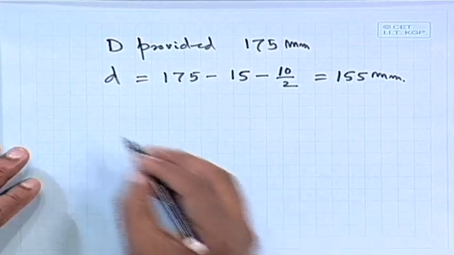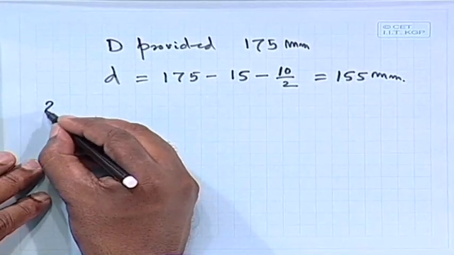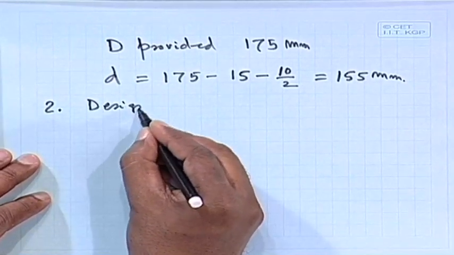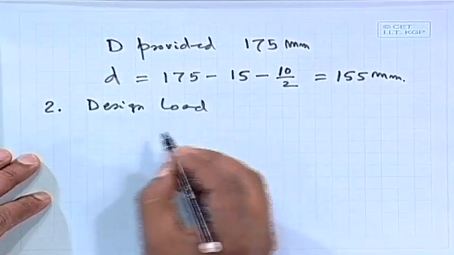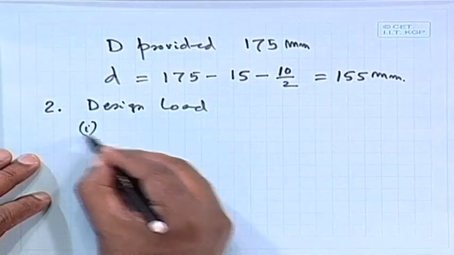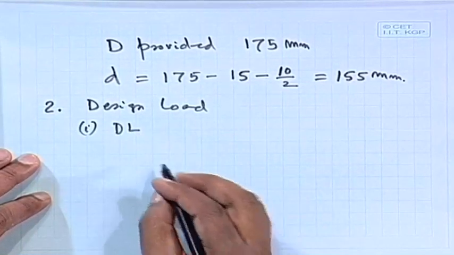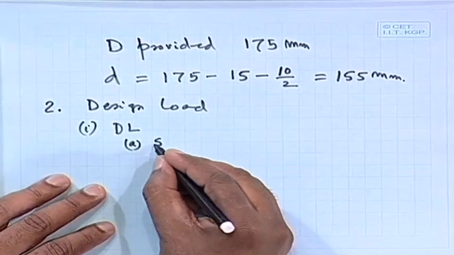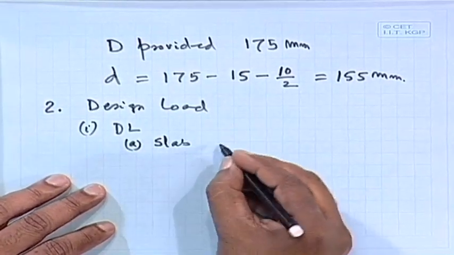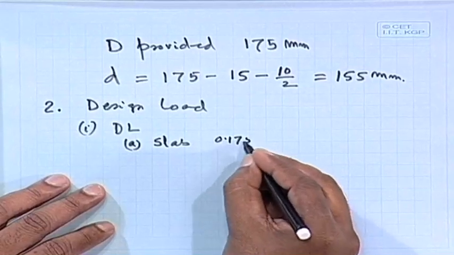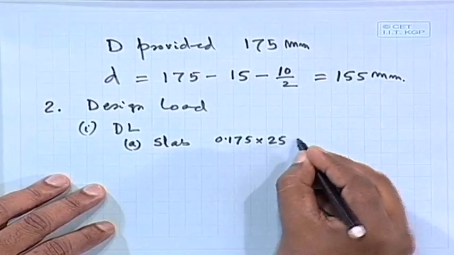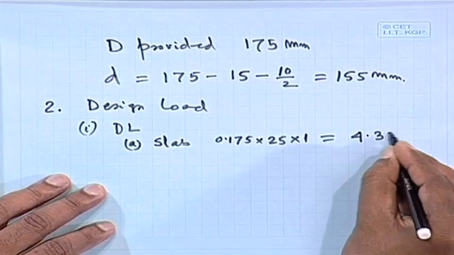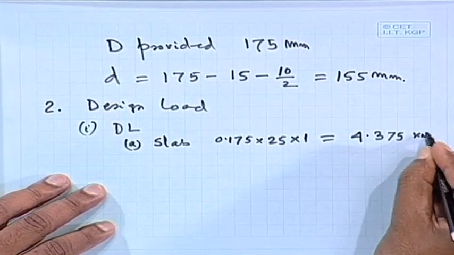Okay. Number 2, here we shall take the design load. One is the dead load, which can have many components. Slab: 0.175 into 25 into 1 meter width, which comes as 4.375 kilonewton per meter.